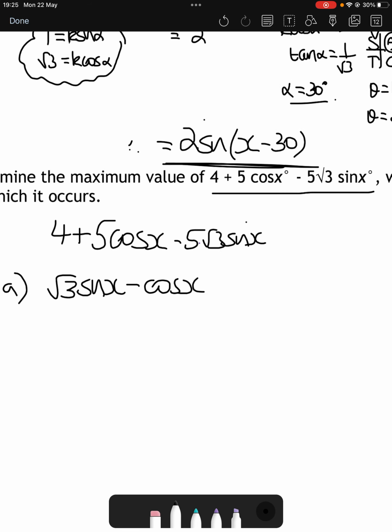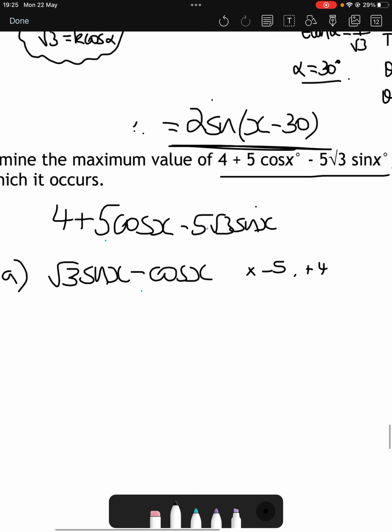So what is the difference? Well, first of all, you can see that it's got a plus 4. We also have got a 5, but actually you can see that the negatives are different. So that one's negative cos x, that's positive cos x. So what we've done is we've actually times by negative 5 and we've added 4.